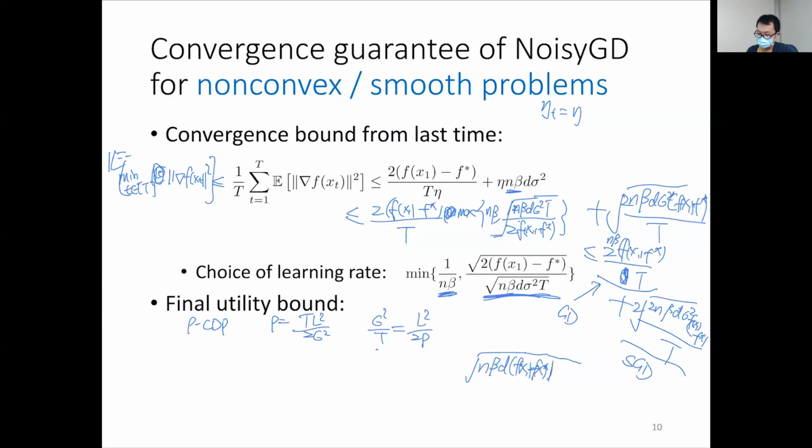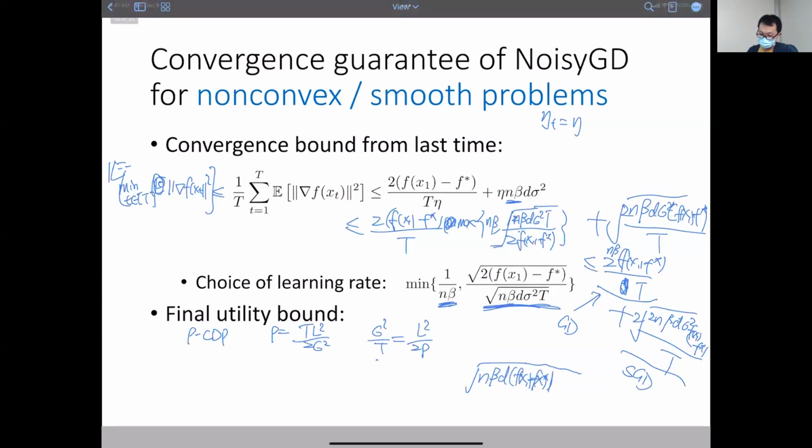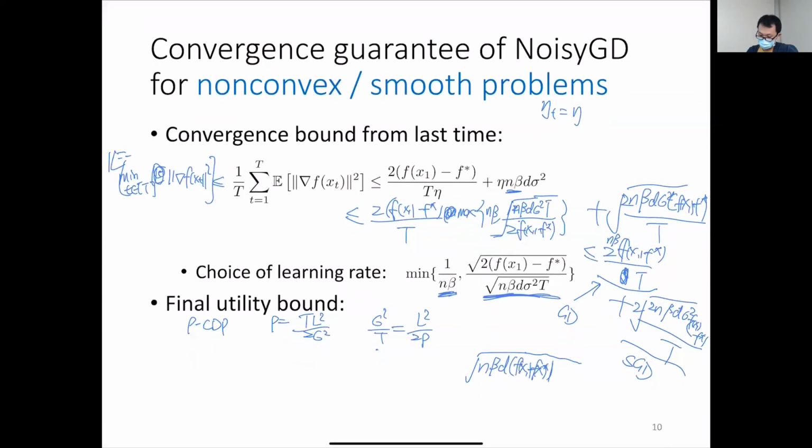Now let's substitute this sigma square over t, which just gives us L square over 2 rho. Recall what we've seen from rho CDP and this conversion to epsilon delta DP.